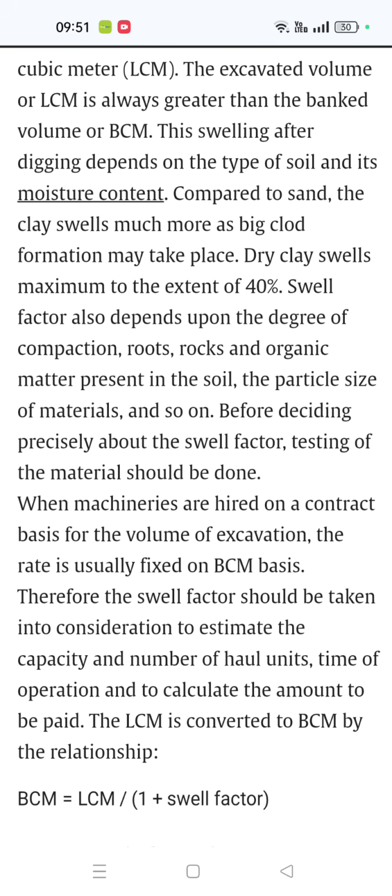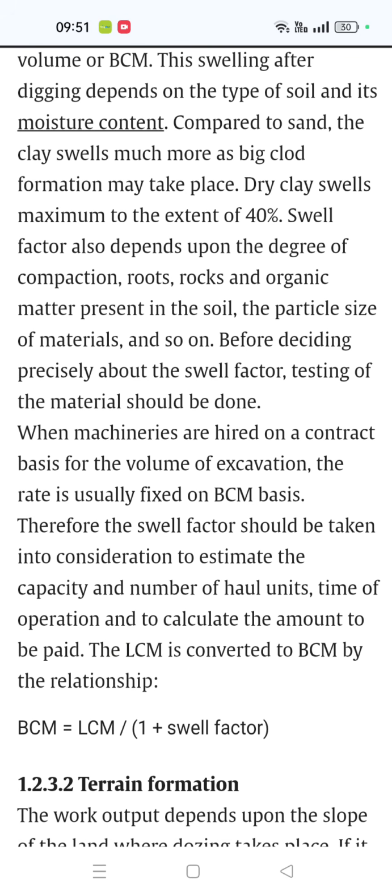Dry clay will swell to a maximum of 40%. Swell factor also depends upon the degree of compaction, roots, rocks, and organic matter present in the soil, the particle size of the material, and so on.